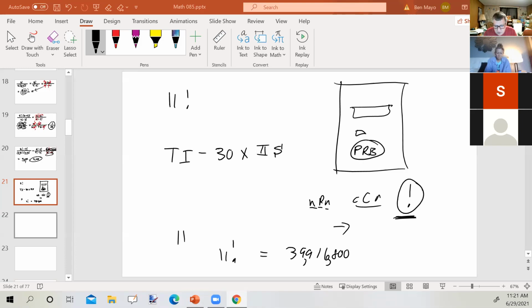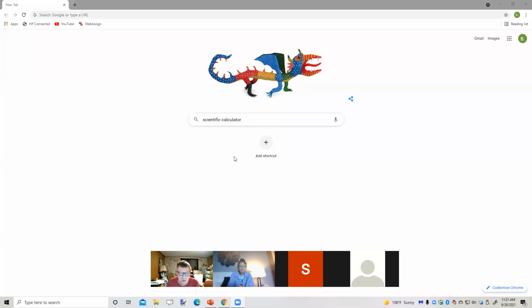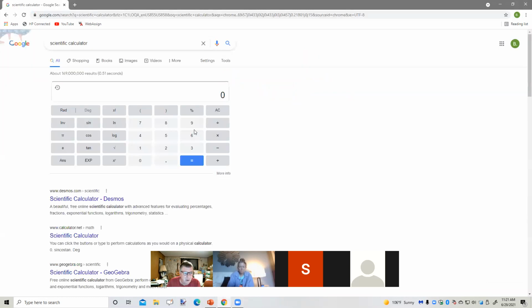Let me change my sharing. Can you see the scientific calculator? Yes. All right. Then I'll push enter, and hopefully it brings this up on the screen for you. Right there is the factorial button for this particular on-screen calculator.